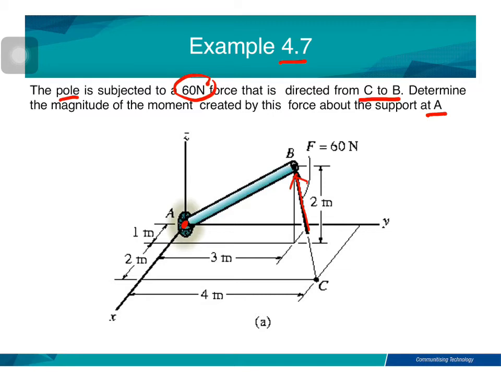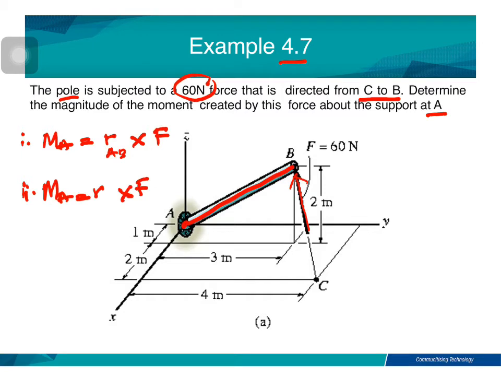So now we can have two methods here. First, MA can be defined from R cross F. So we can have this RAB. And number 2, you can also have MA equal to R cross F, so what is the other R?